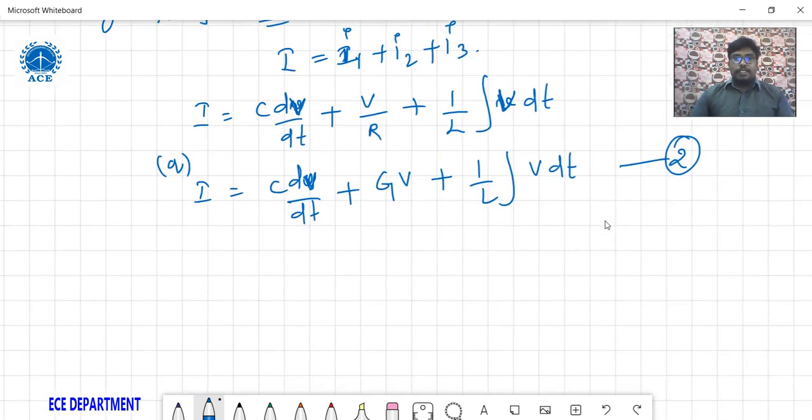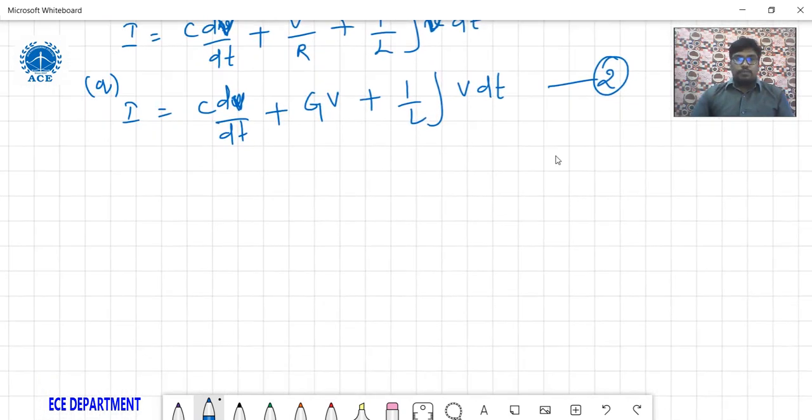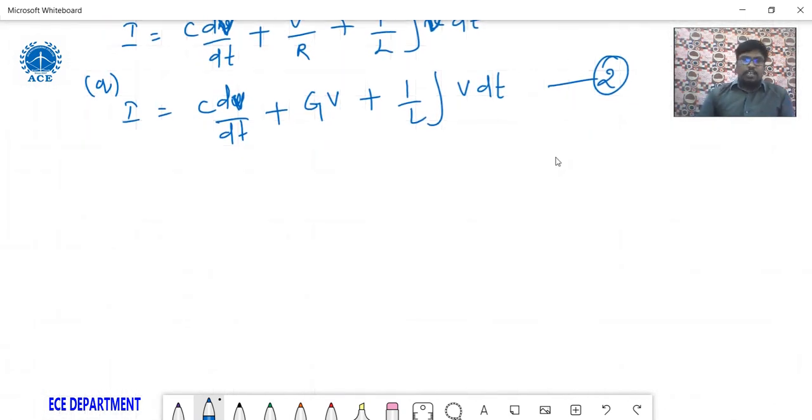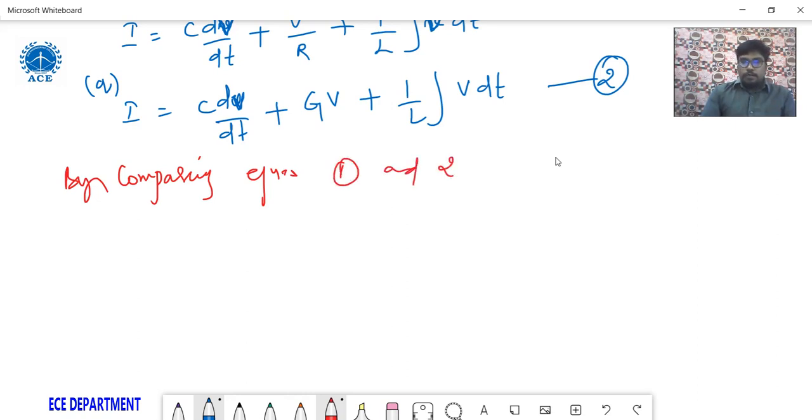Now we will compare equations 1 and 2 to make the rotational system analogous to the electrical system. So what is the first equation we have?